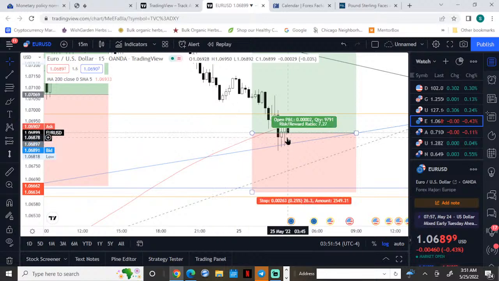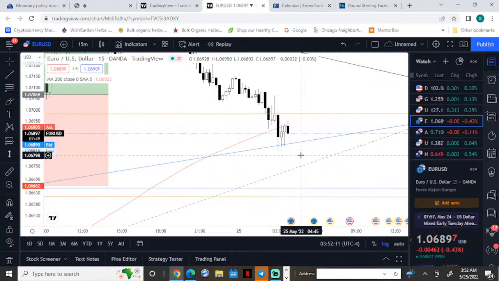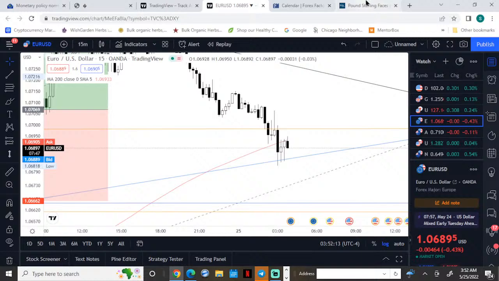If you get another buy candle higher, all right, I gotta delete this because you can't see the candle. If this third candle right here on the 15-minute closes as another buy candle higher than this one, I'd get in.